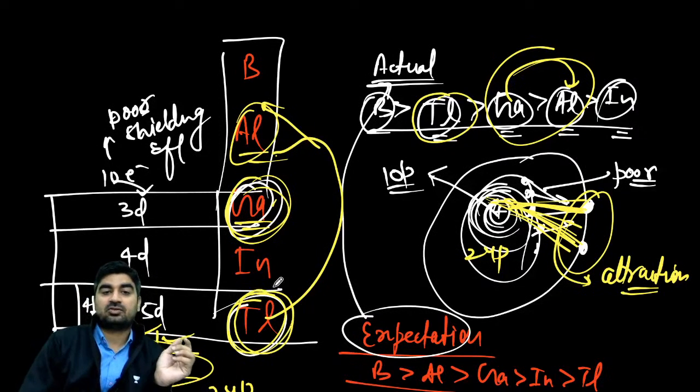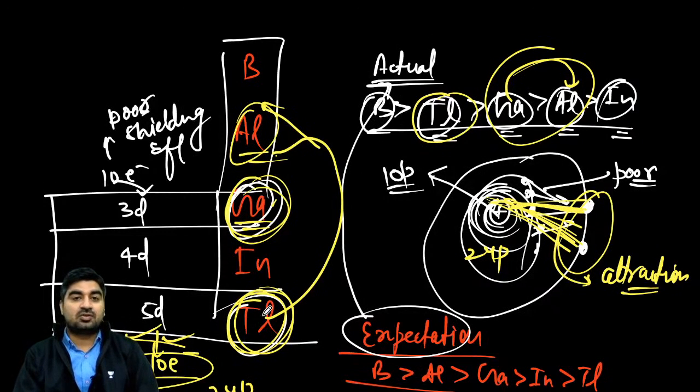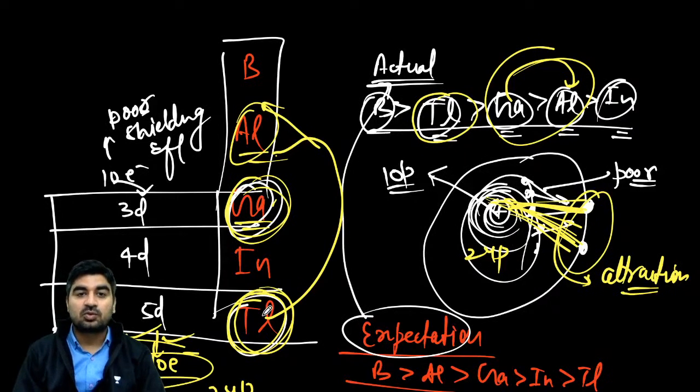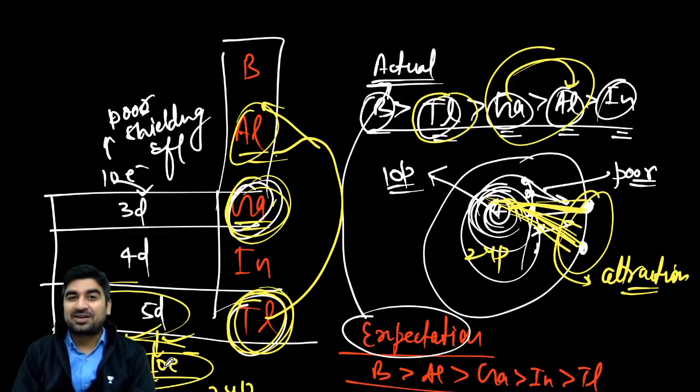So net attraction on it will increase. As a result, it will become very difficult to remove an electron. Today I also told you the inert pair effect. That is also caused due to the poor shielding effect of these 14 f electrons and 10 d electrons.